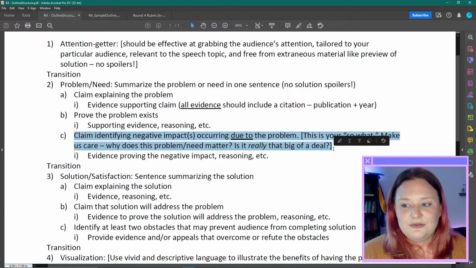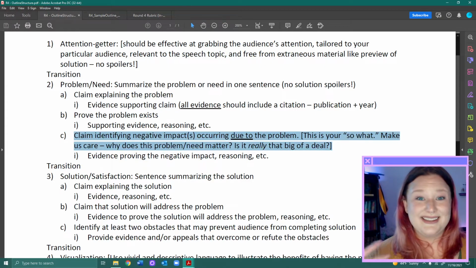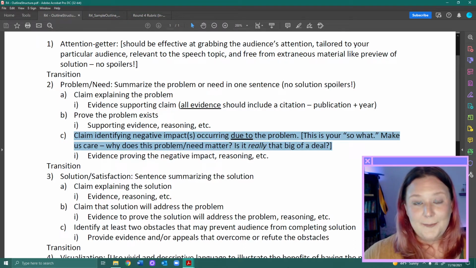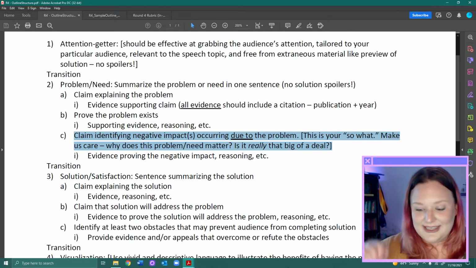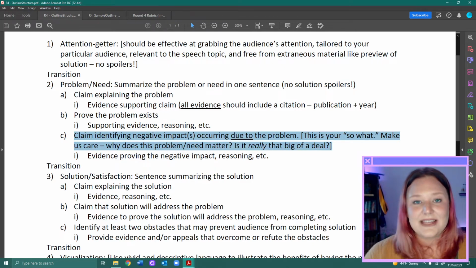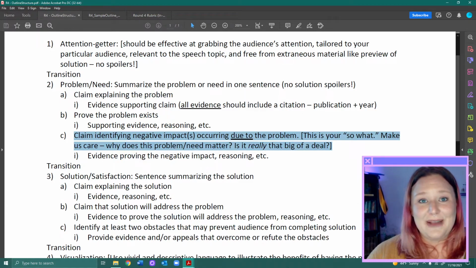Make sure that you don't just tell us this problem or need exists, but make us care about it. Convince us that this is really a big deal. This is having negative impacts. Tell us how it's negatively impacting our lives. Give us that so what. Make us care about this thing.